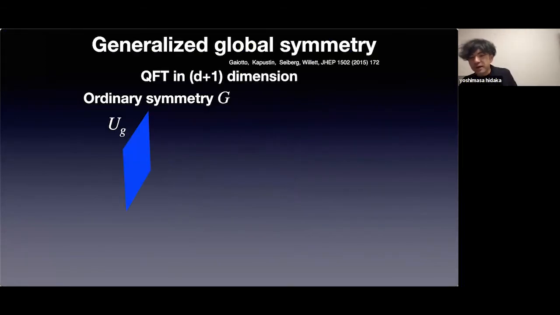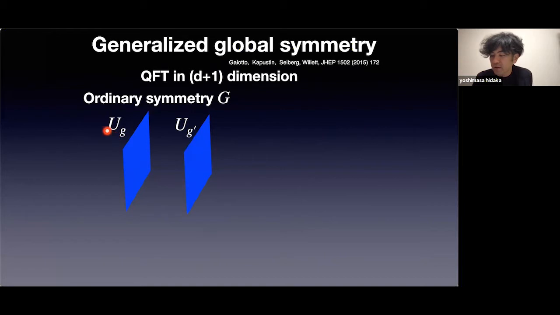Let me explain the global symmetry in quantum field theory. Let's consider a D plus one dimensional quantum field theory. The ordinary symmetry is the existence of a unitary operator labeled by the group element.